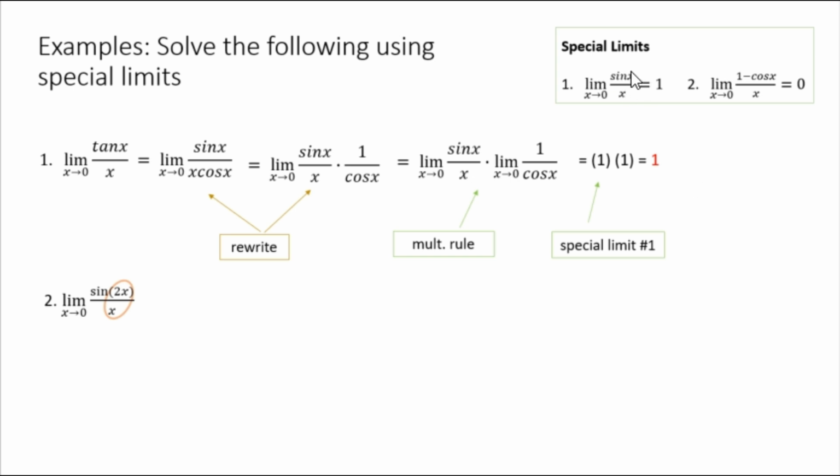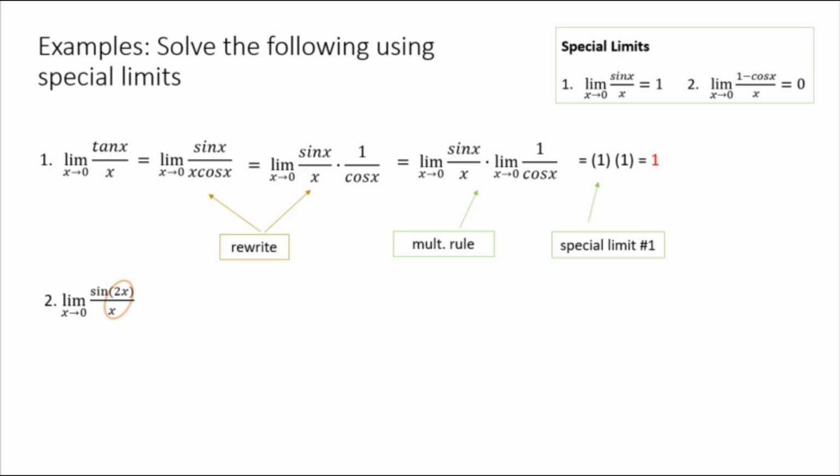But the special limit requires that these three entities should be the same: sine of something over something as that something goes to nothing. That's the only way we can use that. But as you can see here, the angle and the denominator are different. So again, what does your mathematical instinct tell you?